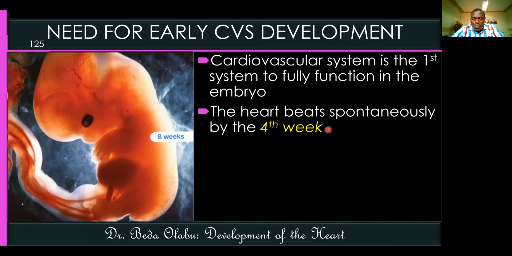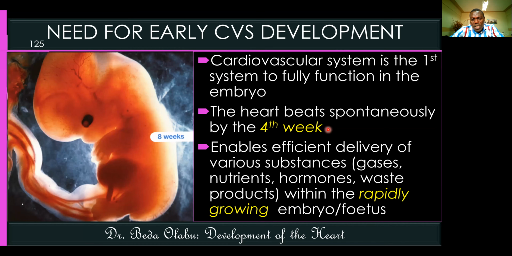And why is that so? You know, the embryo and the fetus are growing so rapidly, and that means that there's demand for nutrients, demand for oxygen, demand for hormones, and there's need even to transport substances. So we need an efficient way in which these substances can be transported.